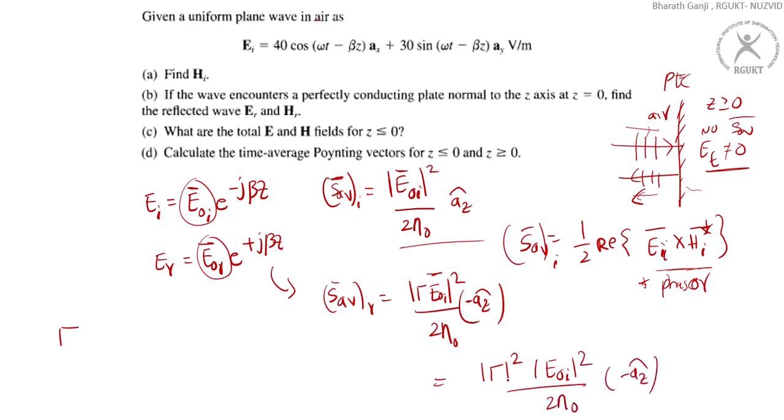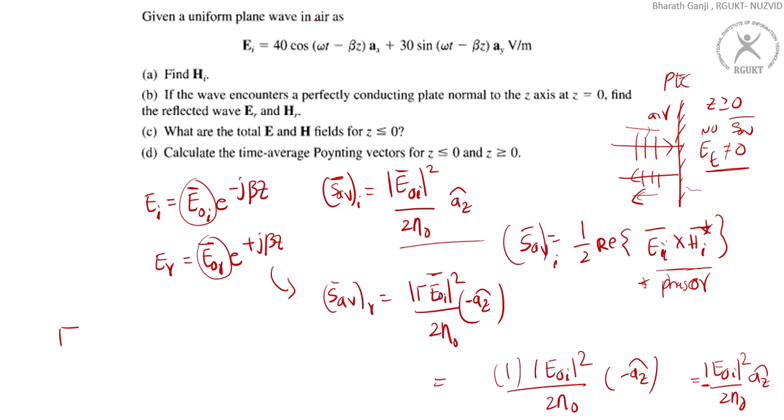So you can see the magnitude of the reflection coefficient is equal to 1, and so that means this power is exactly equal to your incident wave power, and it is in the opposite direction. You can see the direction is minus az cap. So whatever power is coming in, that power is going out.